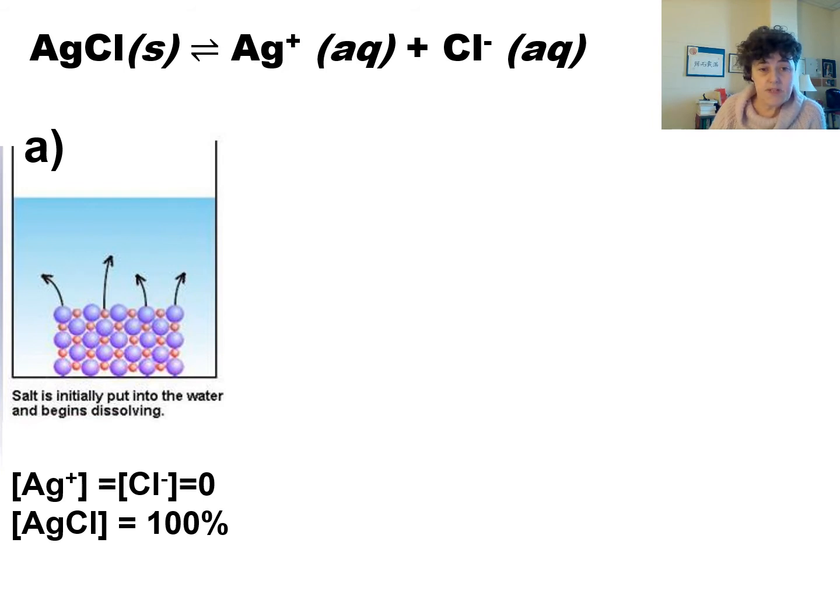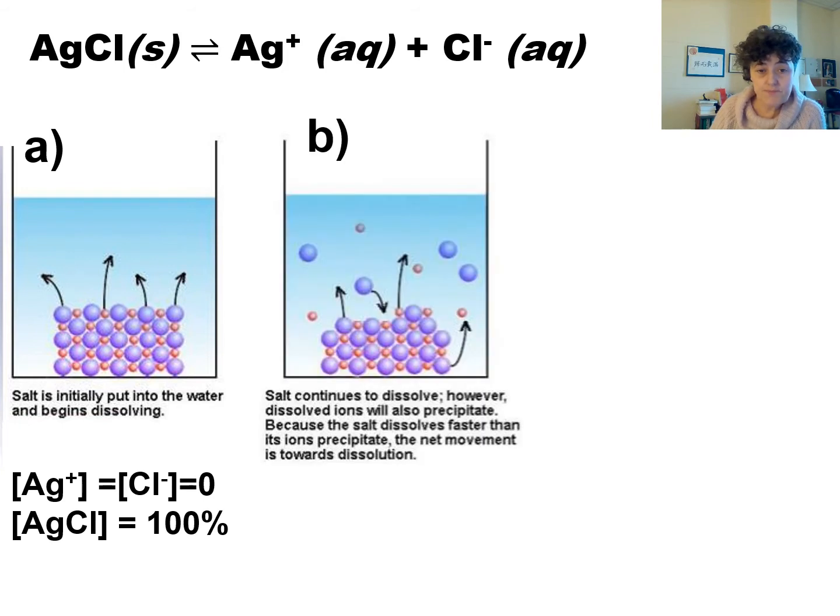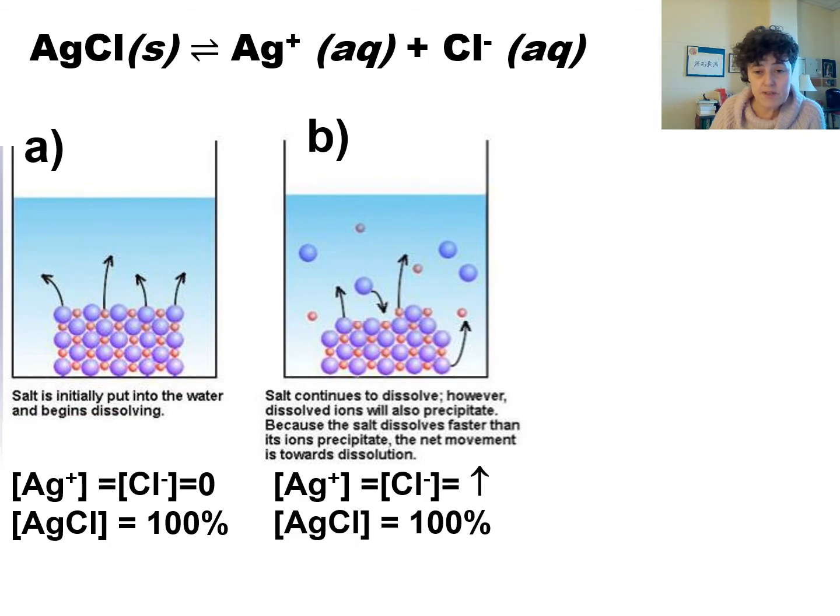Eventually, some of the ions will start dissolving, so the concentration of chloride and silver ions will progressively increase in the solution. Of course, you're going to have less solid at the bottom, but its concentration in itself is still going to be 100%, as long as there is at least a tiny bit of solid left.